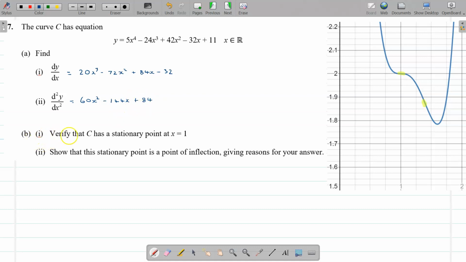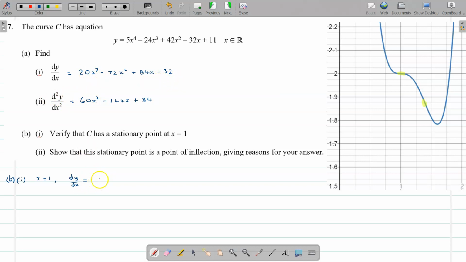So part B, verify that C is a stationary point at x equals 1. When x equals 1, dy by dx is equal to, when it says verify, you've just got to basically put 1 into that and show that the answer's 0, because we want the gradient to be 0.